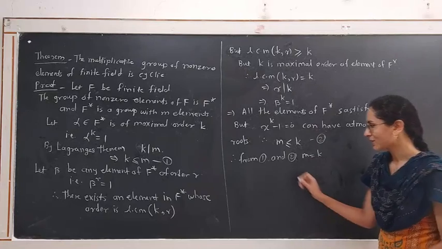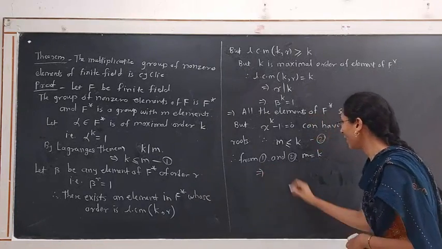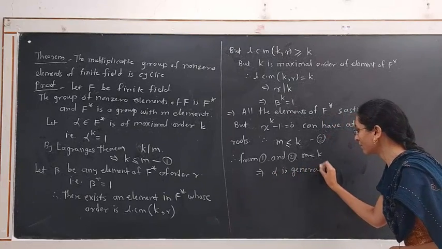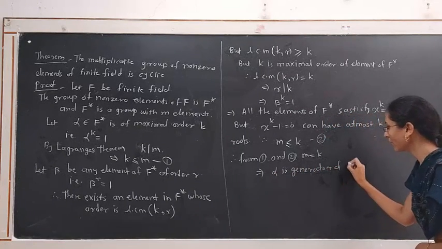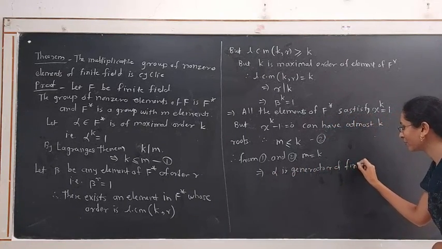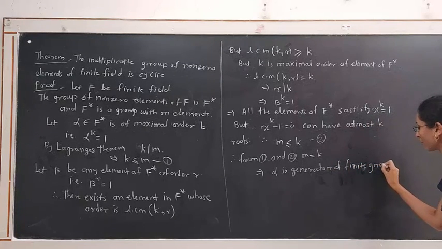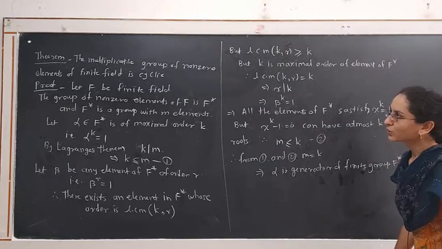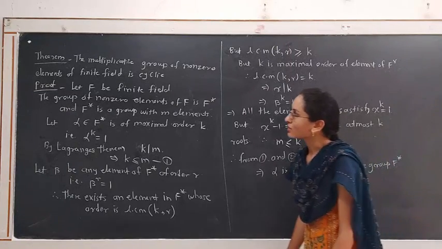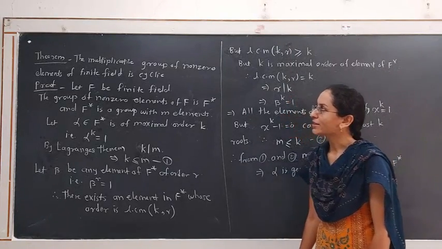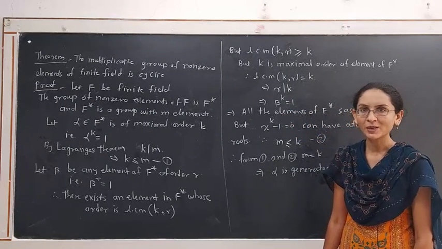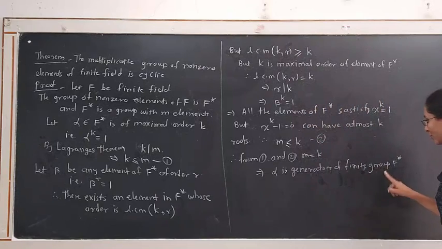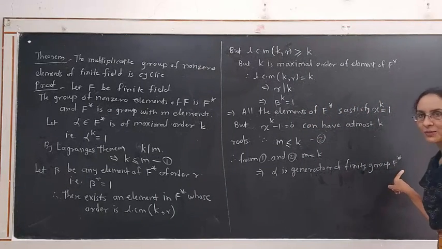This equation gives that alpha is a generator of the finite group F star. And we know the non-zero elements of a finite field form a group under multiplication. Hence alpha is a generator of the finite group F star under multiplication.